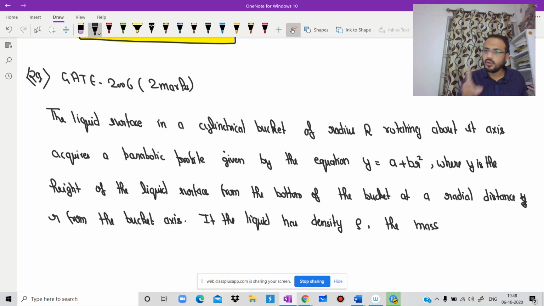This question is from the middle of the derivation. But if you mugged up the formula directly, delta P is equal to half rho omega square into R2 square minus R1 square, then you are not able to solve.